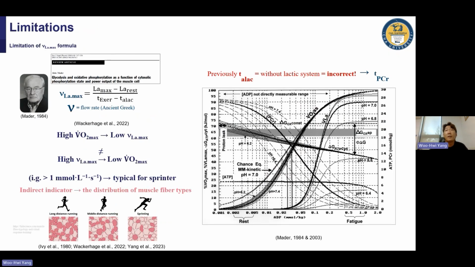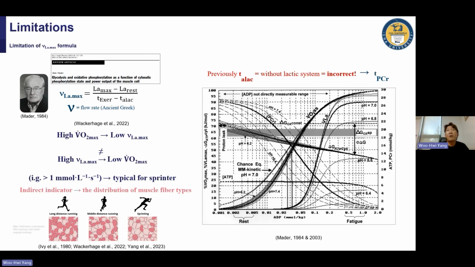In this regard, Alois Mader in 1984 proposed a maximal rate of lactate accumulation, or maximal glycolytic rate, as PvLa.max to be used while determining maximum glycolysis and power. This PvLa.max variable indicates the ability to perform powerfully like sprinting, and high values of PvLa.max in well-trained or typical sprinters show more than 1 millimole per liter per second.